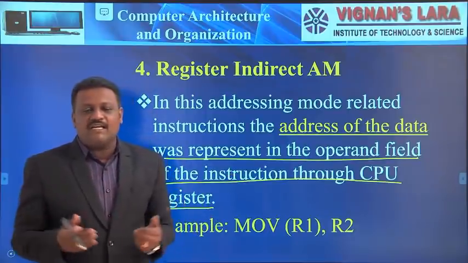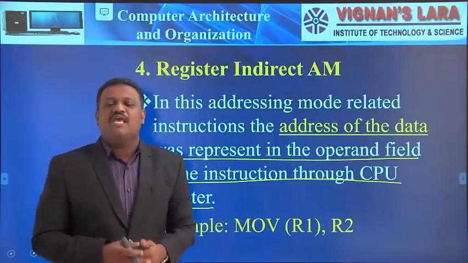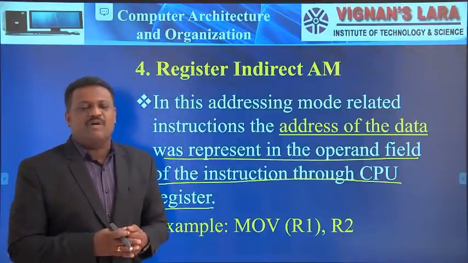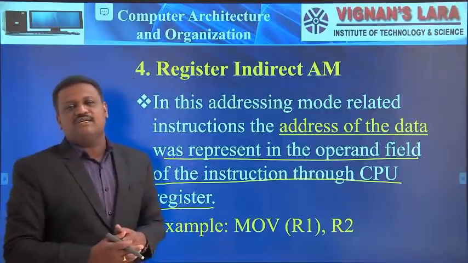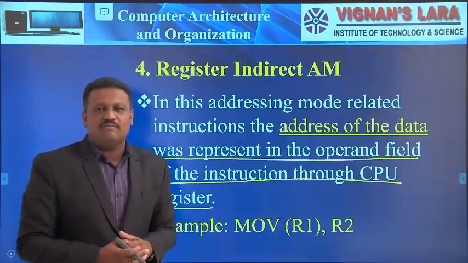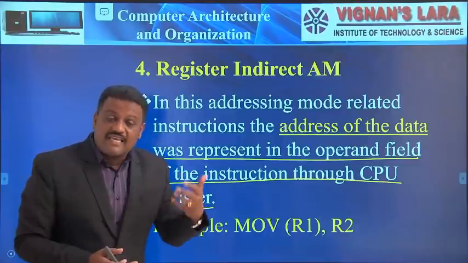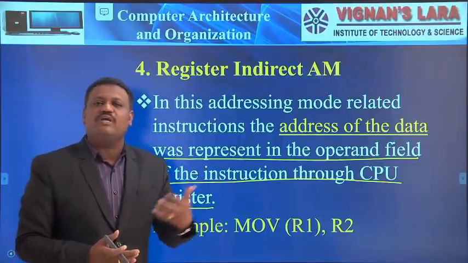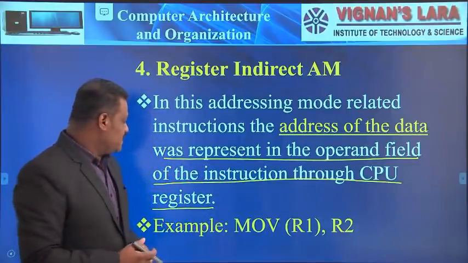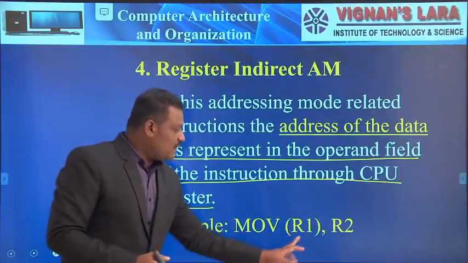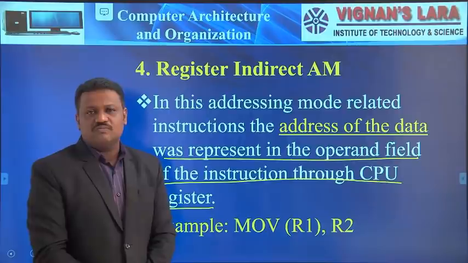I don't get the data directly if I access a register. If I access a register, I only get the address of the data. By taking that address, if I move to the concerned location, only then can I get my data. So by using this addressing mode, I can increase the security of my data. If I take an example for this, move (R1), R2.